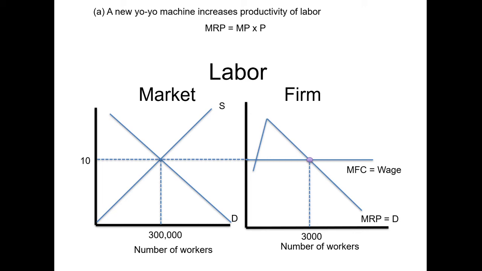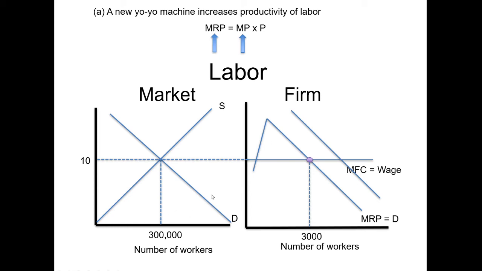In this case, the productivity of the worker is going up, so marginal product will increase, and that means marginal revenue product will increase. On the graph, we show that with a rightward shift of the marginal revenue product curve. You'll notice I left off the tail. There's no reason to put the tail in. We're only going to focus on the downward sloping part.